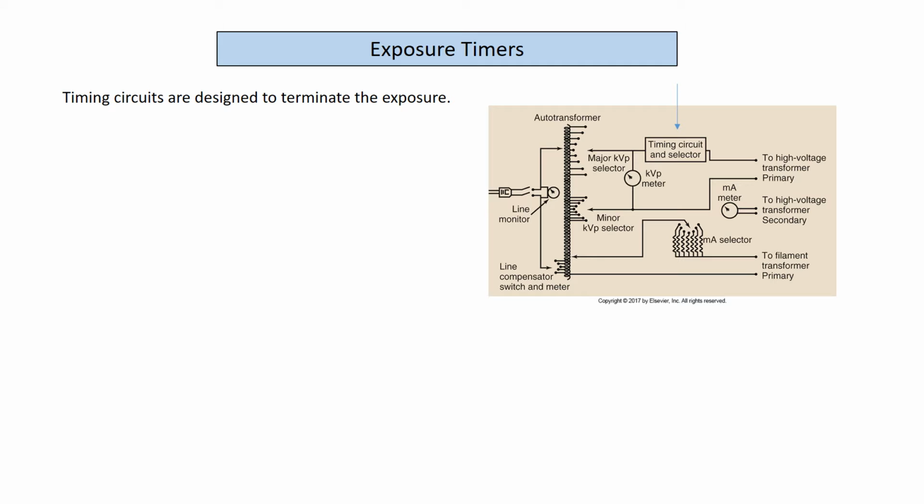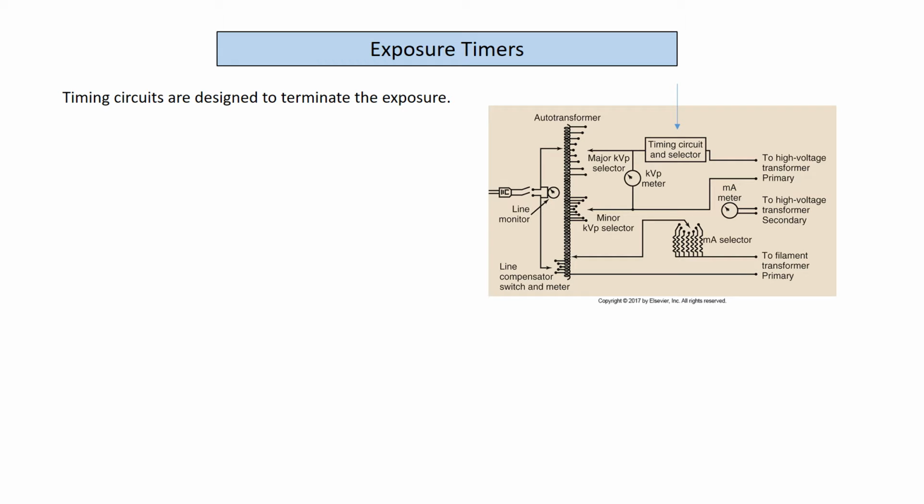What I want you to notice is that at the far left, where it says line monitor, remember this is where the incoming power from the power company is going to be entering into the hospital and eventually into your X-ray circuit.